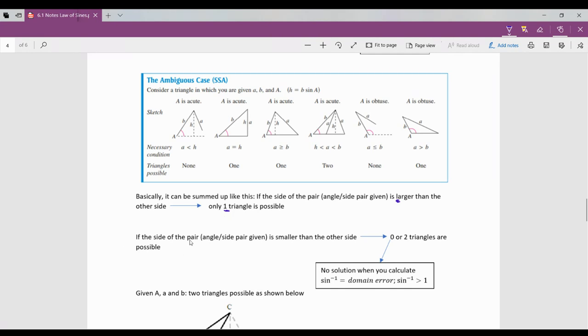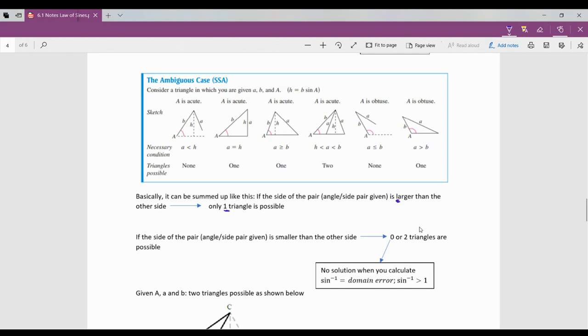If the side of the pair is smaller, then that's where we're going to have two options, either 0 or 2 triangles. The way that it's going to be 0 is that there's going to be no solution when you calculate sine inverse. You're going to get a domain error on your calculator, and the reason why is that when you're doing the inverse of sine, the value is going to be greater than 1, and we know that sine can only be between -1 and 1. So that's why we're going to be getting an error for that one.